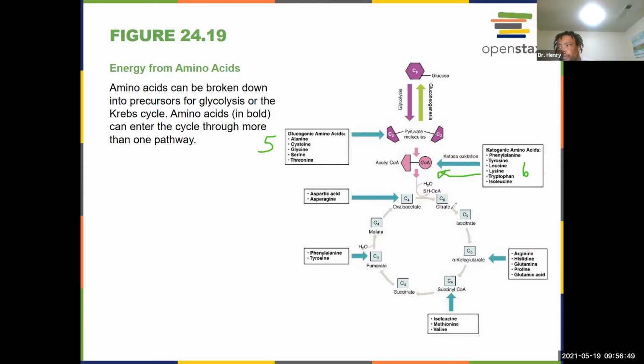Okay, so as we go through the cycle, so this is the Krebs cycle down here. So we have arginine, histidine, glutamine, proline, and glutamate. These guys, they're going to be kind of similar to our alpha ketoglutarate. So because of that, they're going to enter at this part of the Krebs cycle.